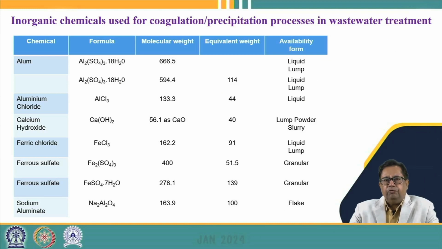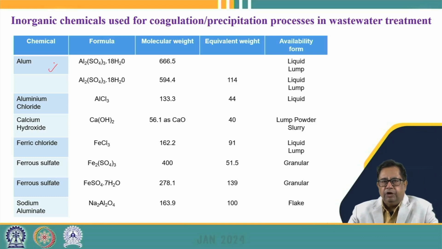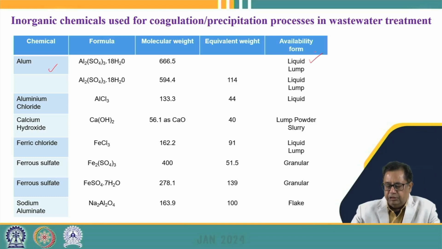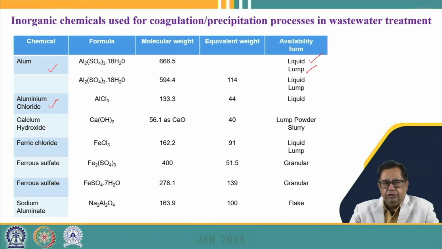There are a number of inorganic chemicals that we use for the coagulation and precipitation process in wastewater treatment. For example, alum is widely used, and it may be present in liquid form or in lumps. Similarly, we can use aluminum chloride, which is again in liquid form.